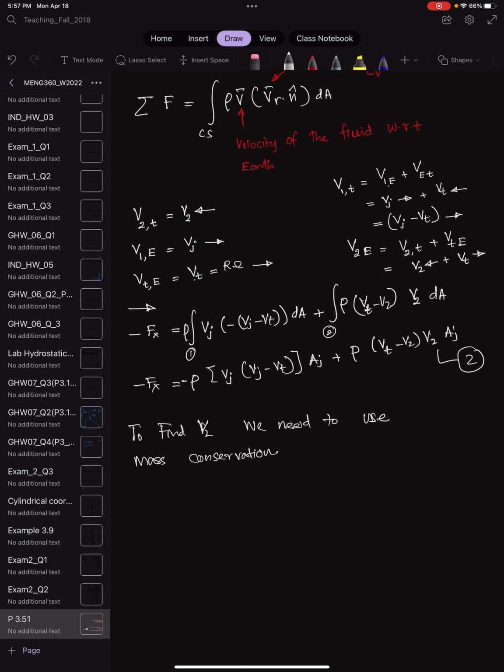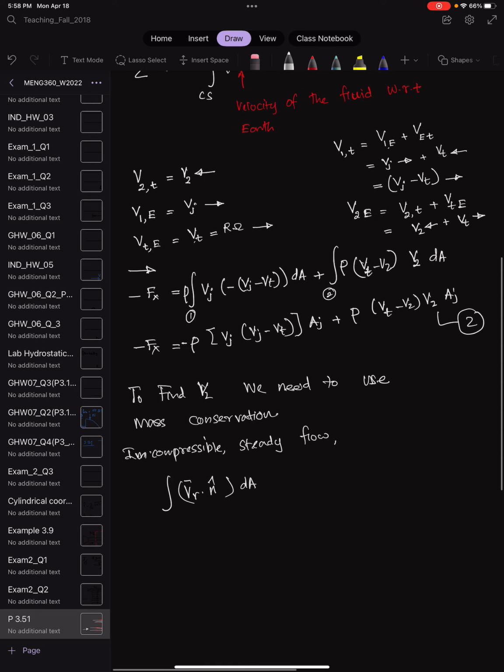So to use mass conservation for this incompressible, steady flow with a moving control volume, we can use the integral of Vr dot n dA. Now this is with respect to velocity with respect to the control volume.